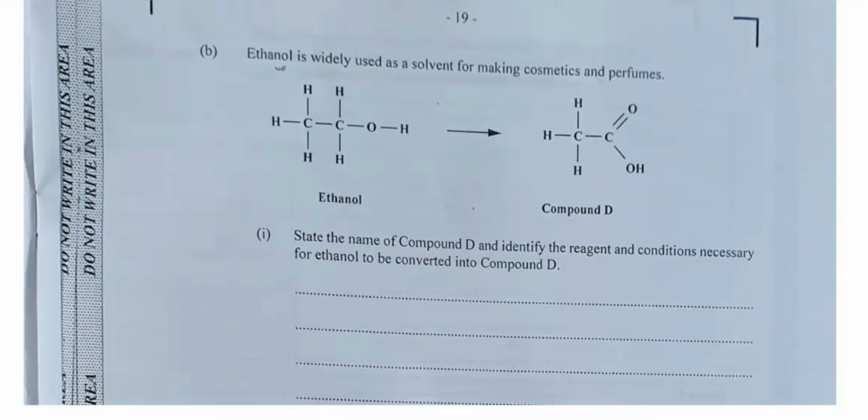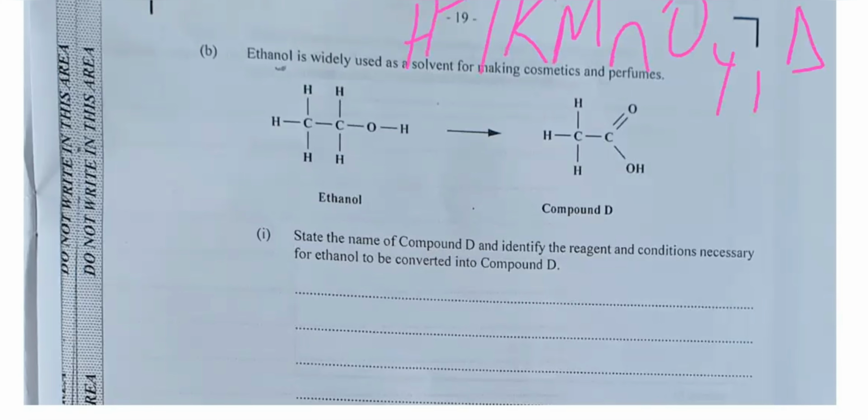Well, it's not so bad. What you're going to do really is oxidize the ethanol. And how do you oxidize it? You're going to use acidified potassium permanganate with a little heat. The triangle means heat, and that's how you do it. You heat the ethanol in some acidified potassium permanganate for a long period of time, and then you're going to get your acid over there.